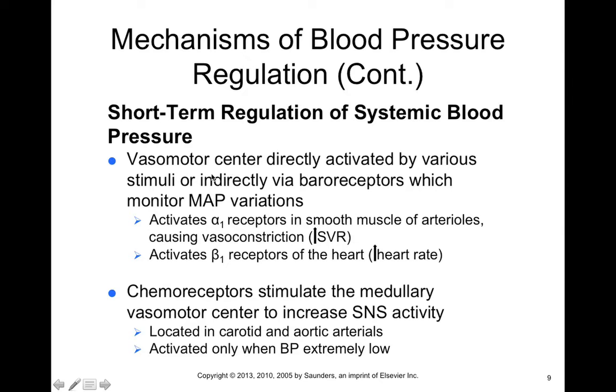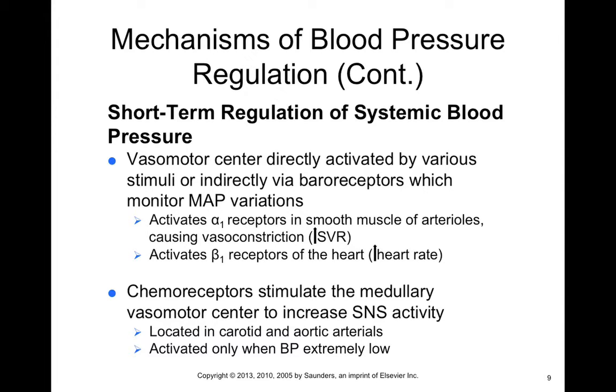The vasomotor centers are part of your medulla oblongata, and they receive input from baroreceptors within the aorta and carotid bodies. Information about blood pressure from the aorta and carotid bodies is sent to the vasomotor center, whereby it might use that information to determine any useful adjustments in blood pressure that may or may not be necessary.